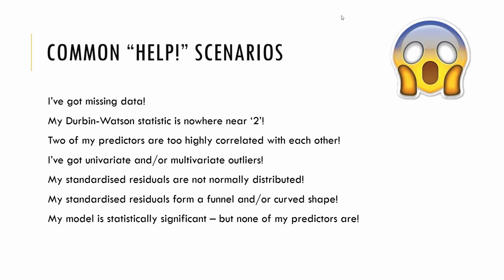Especially with larger samples, you can get away with it. If it's less than 1, or more than 3, you've got an issue and you need to correct for it. And one of the best ways to correct for it is to mean center your continuous variables. So if you've already done that, you're less likely to encounter an issue, but it is something you should still be aware of.